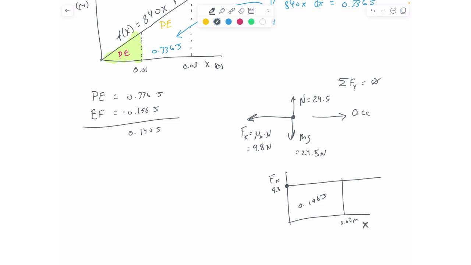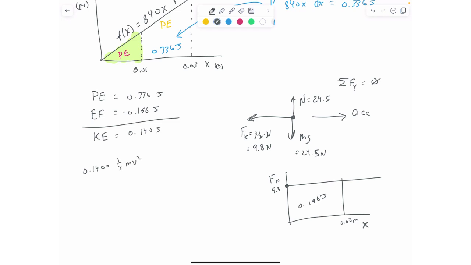And that energy, what's going to happen with that? Well, then that's going to become kinetic energy, right? Okay, and then once you know what the kinetic energy is, then you can find the velocity. Remember, it's 0.140. That's my kinetic energy, equal to 1/2 mv squared.